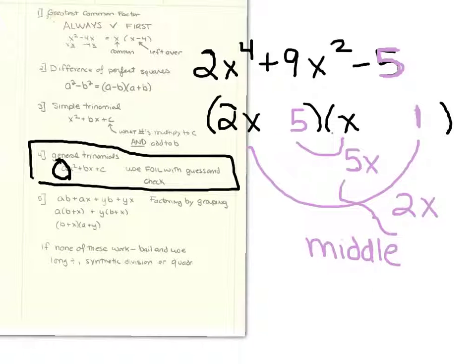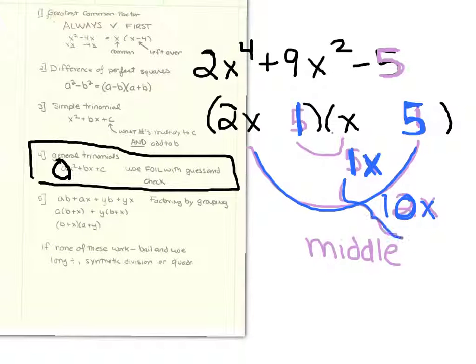So that's where I get out my eraser and I try doing it over again. So that doesn't work. There's only one other thing that multiplies to 5. That's 1 times 5. So if I make this 1 and I make this 5, now my outside is 10x and my inside is 1x, and I have to make that outside and inside make the middle term 9x.